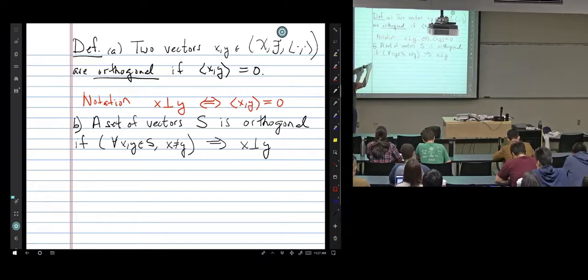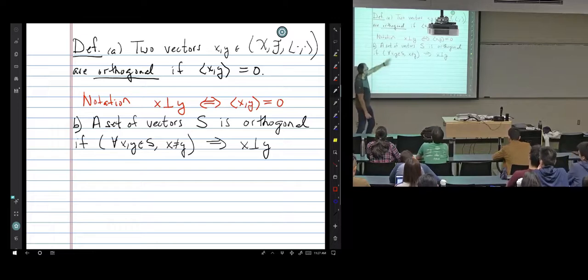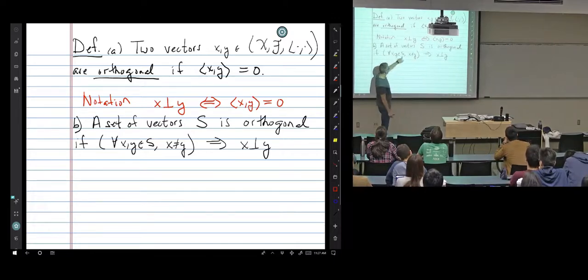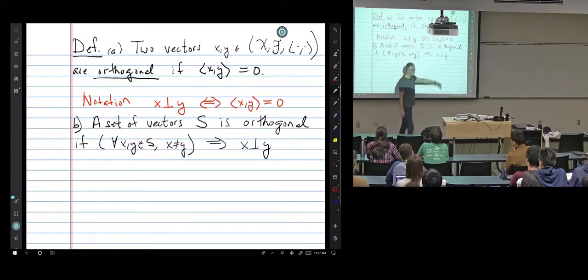Okay, so we took the notion of two vectors being like this to a collection. And that collection could have an infinite number of vectors in it. It could have only one vector in it, in which case this condition would be vacuous. If it has at least two vectors in it, we can check that.